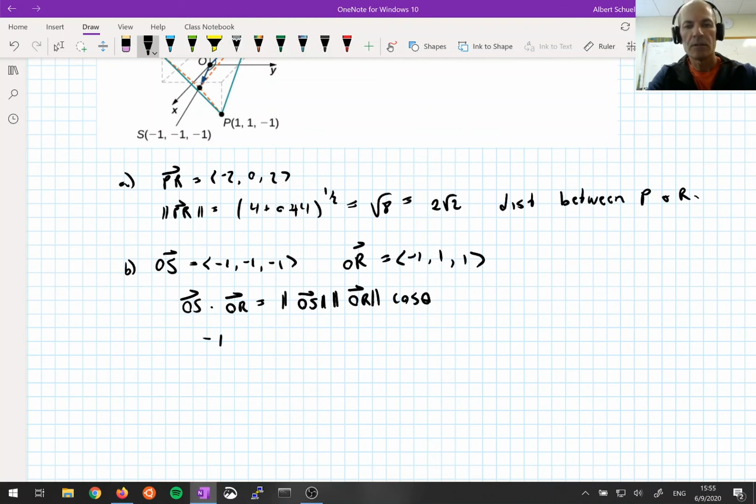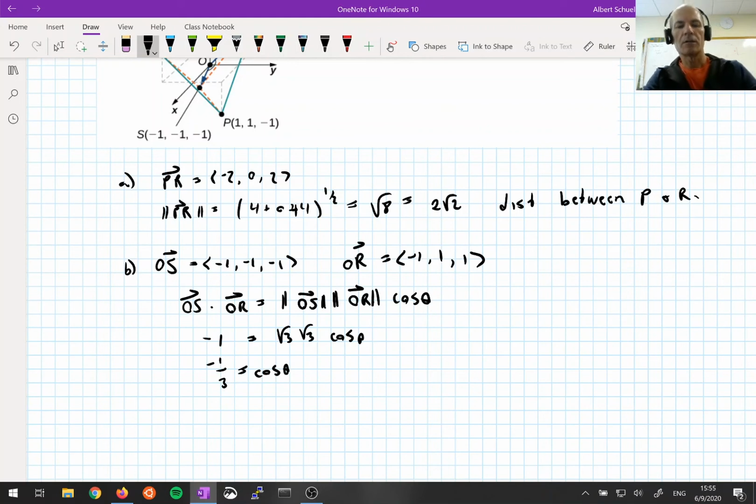All right, so just double checking here. Yeah, that seems good. Okay, what's the length of OS? It's just the square root of 3. And the length of OR is also the square root of 3, and then cosine theta. So the cosine of theta is -1/3.